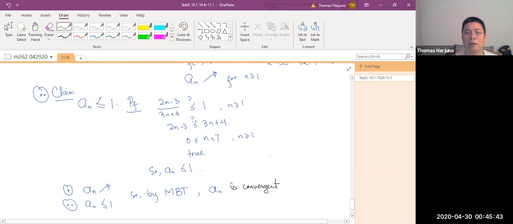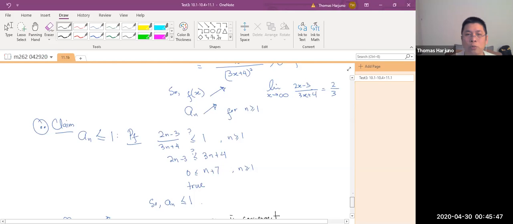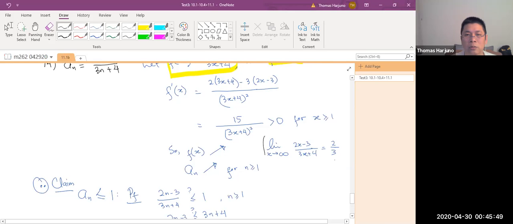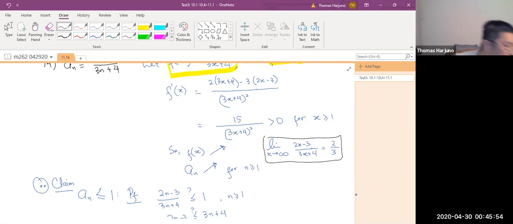In fact, if you think about it further, it is supposed to converge to 2/3. But they don't ask if it is convergent or not. They just ask, is it monotonic? Is it bounded? But since we know that it is monotonic increasing and bounded above, then it must be convergent. We have not answered the question of what it converges to.